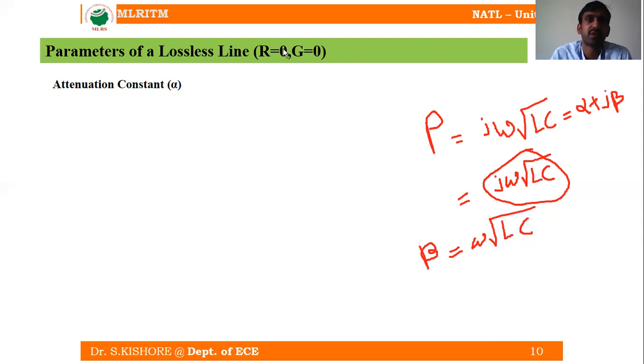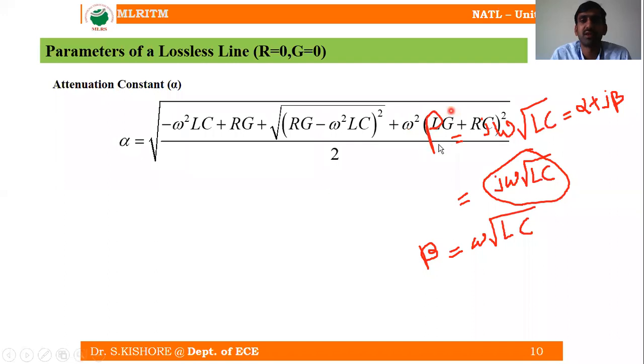The same thing can be observed if we take the equation for alpha and substitute R is equal to 0 and G is equal to 0.